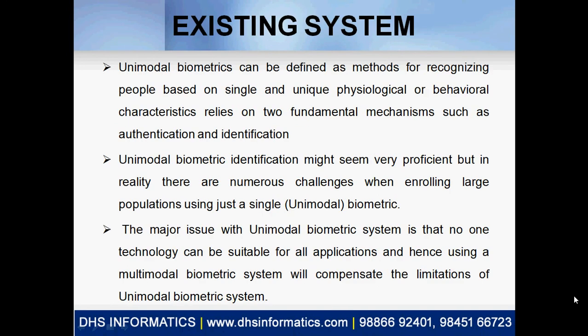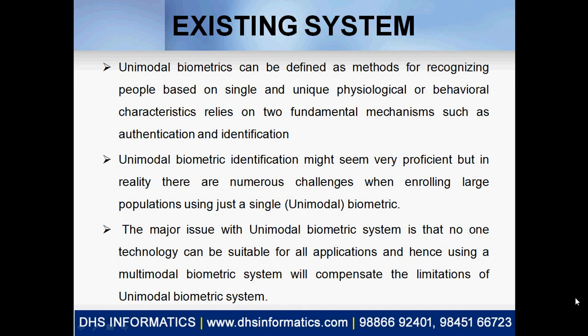Existing system. Unimodal biometrics can be identified as methods for the detection of individuals on the basis of specific biometric data, based on two fundamental mechanisms, such as authentication and identification.